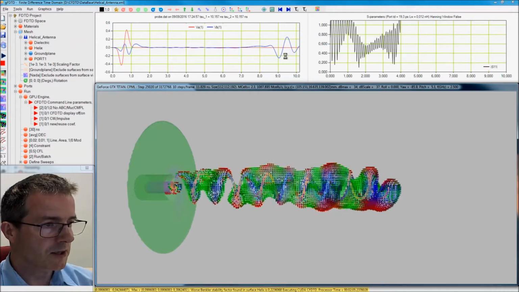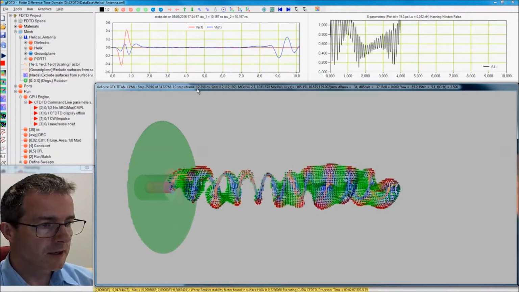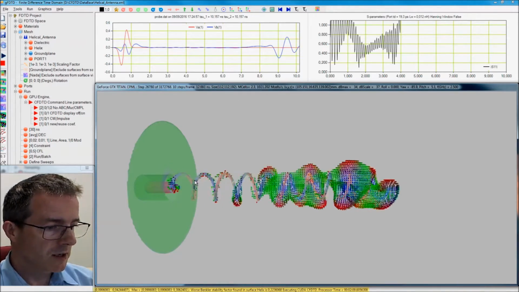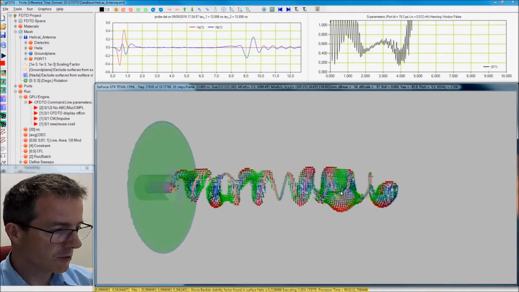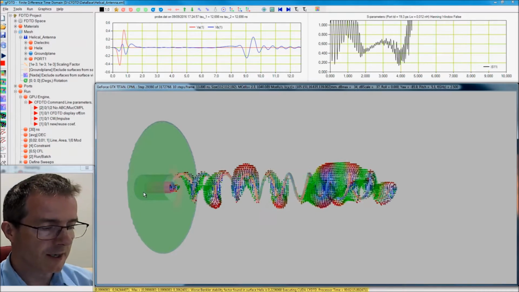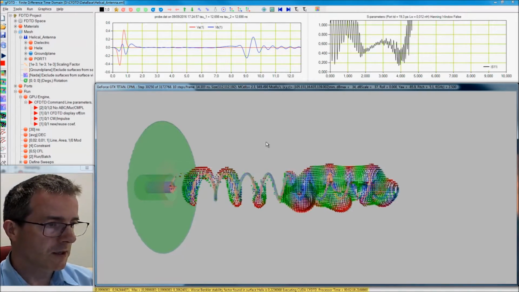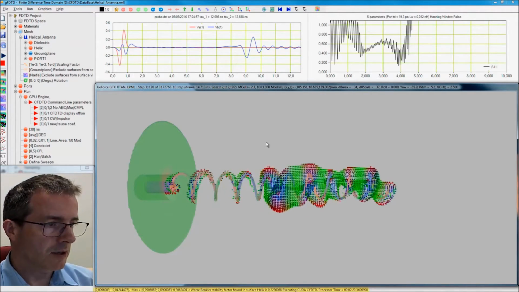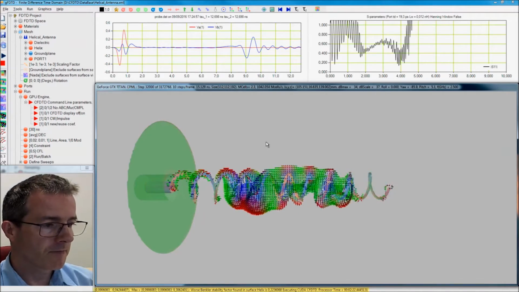Here we saw that reflection at about 8 or 9. Now we should see another reflection, which happens at a time corresponding to the time it takes to travel here, here, and back again. And that's going to happen at about 18 nanoseconds.